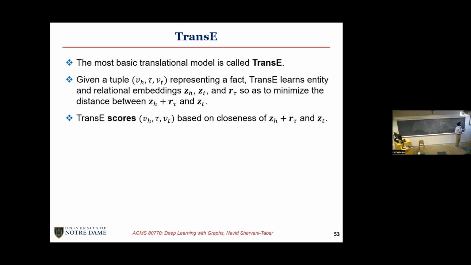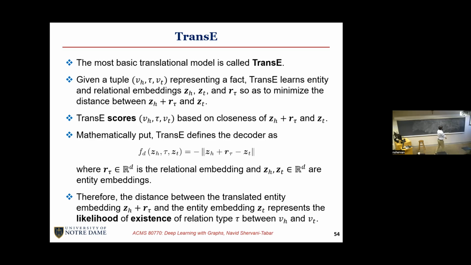So you have ZH, R tau, and ZT defined in some vector space. In this vector space, we can just add the embedding of the relation to the head embedding and get to the tail embedding. So if this edge exists, we want our decoder to give us a score of the plausibility of its existence, right?